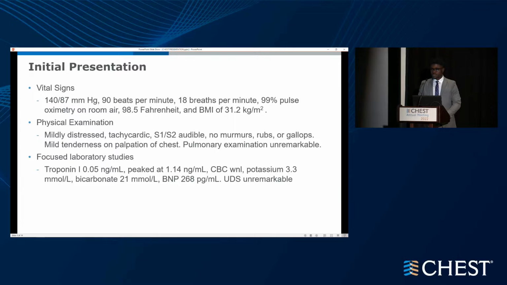For his physical exam, mildly distressed, tachycardic, did complain about chest tenderness, and we were supposing it was after the cardiac arrest he had out of hospital. And for his initial lab work, his troponin was 0.05, but peaked at 1.14. CBC was normal, potassium was about 3.3, bicarb was 21, BNP was 268, and his urine drug screen was unremarkable.